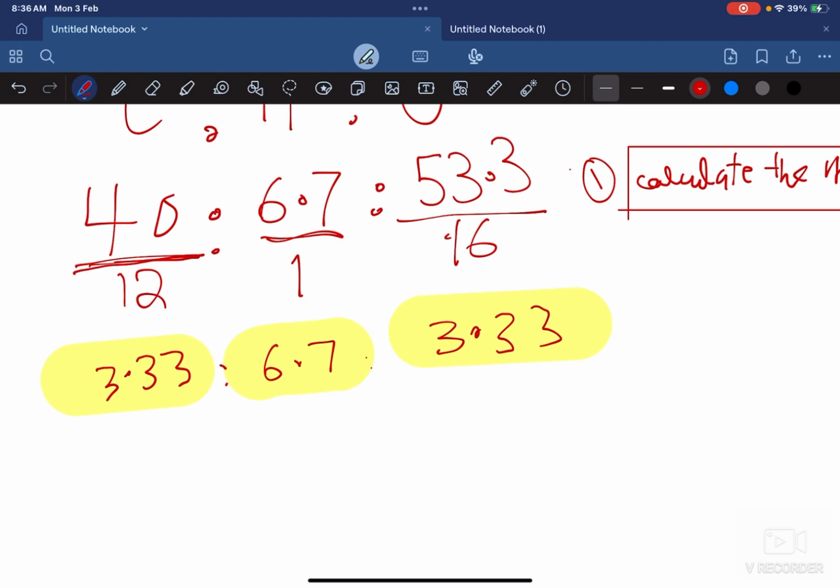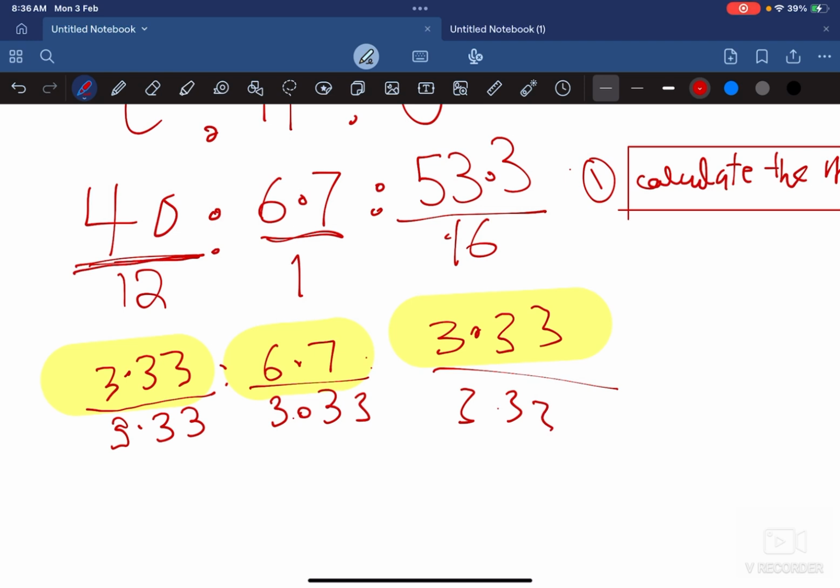So you're going to divide all 3 of these by the smallest value, that's 3.33. 6.7 is going to be divided by 3.33. Also divide this by 3.33. Over here your answer is going to be 1 ratio 6.7 divided by 3.33. You're gonna get 2.01 on calculator.